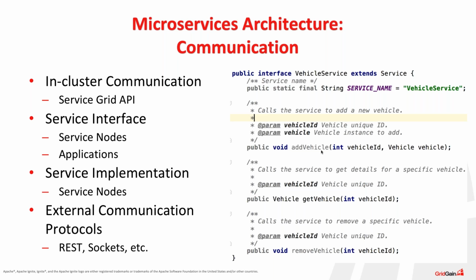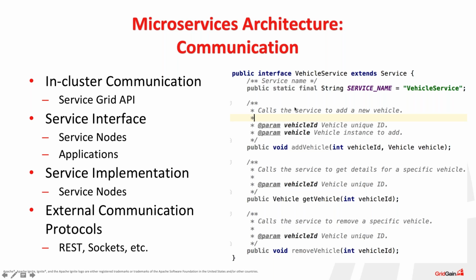Then if you have another service or an application that needs to talk to this service, it just needs to have this interface locally, and it will use the Service Grid API to talk to the service deployments over this interface.